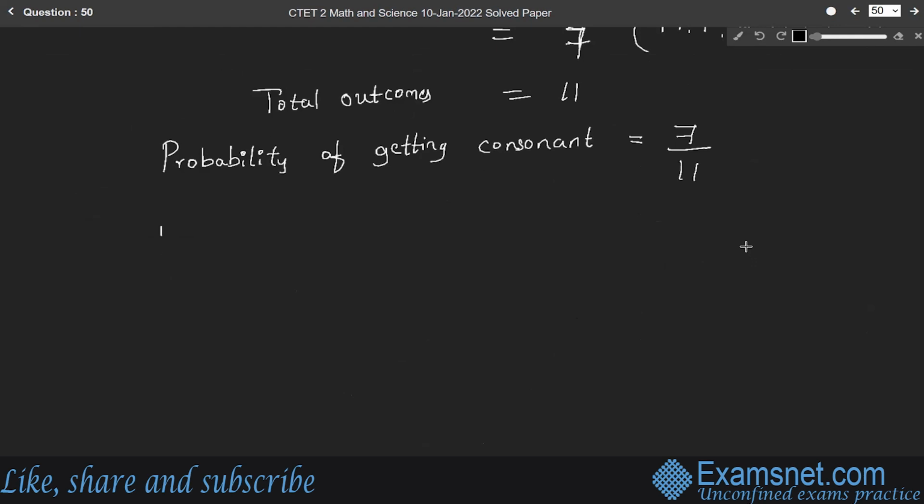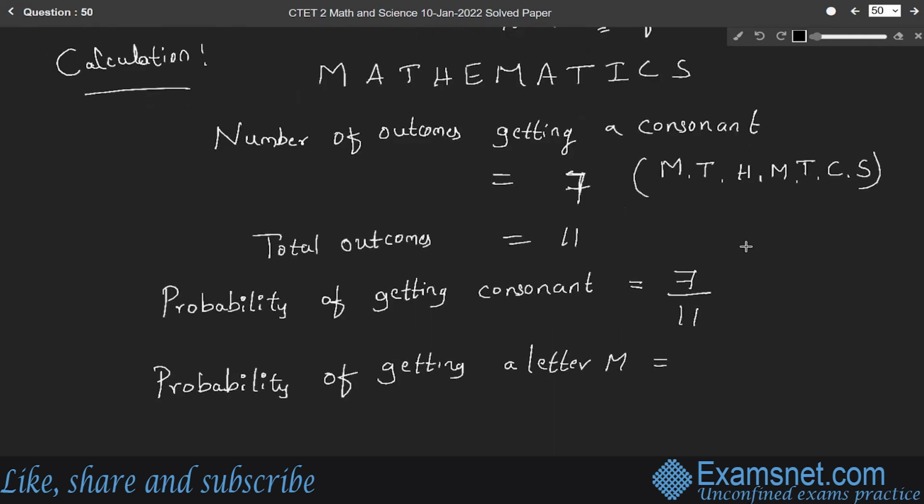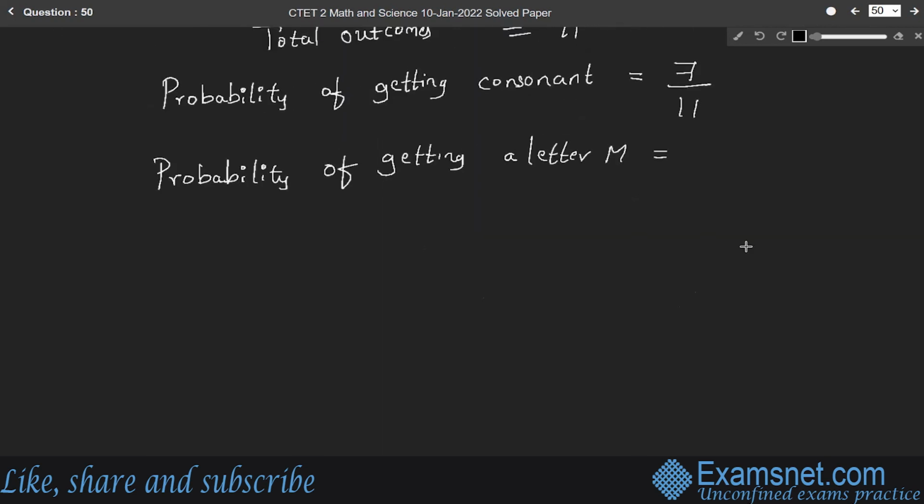So the probability of getting a letter M is equal to, so there are two letters, right? Therefore, it is 2 by 11.